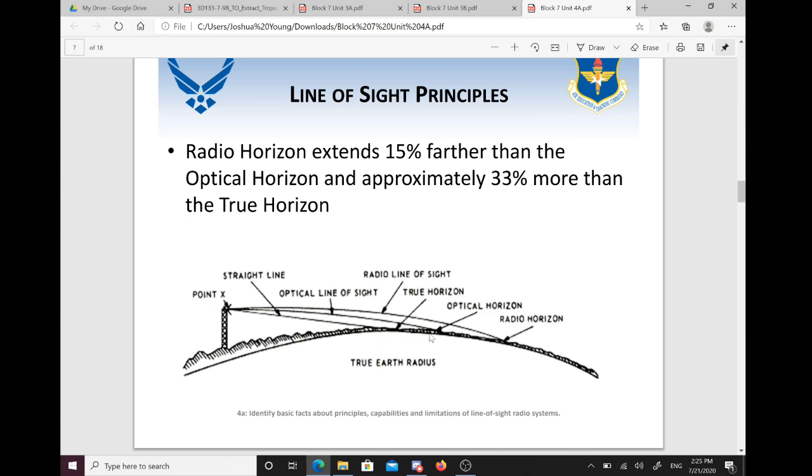Radio horizon, optical horizon, then your true horizon, rather, sorry.